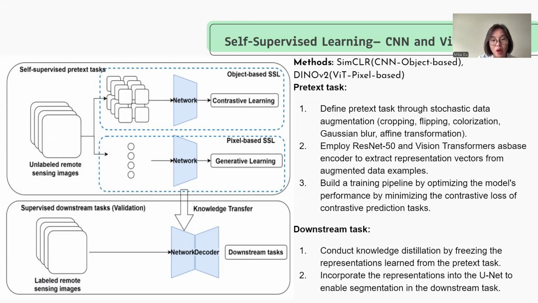We build a pipeline to optimize the performance by minimizing the loss. For the downstream task, we freeze the representation learned from the pretext, and then we incorporate UNet for simple contrastive learning and PCA for DINOv2 to visualize the results.